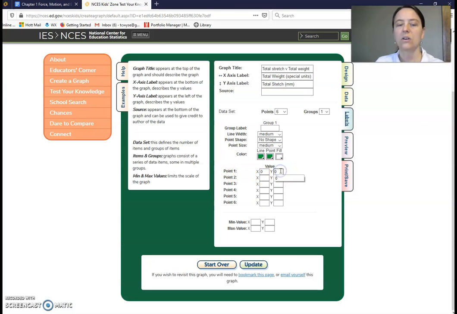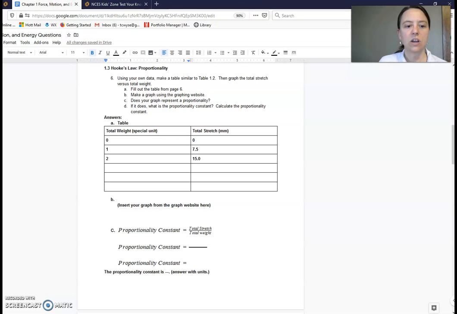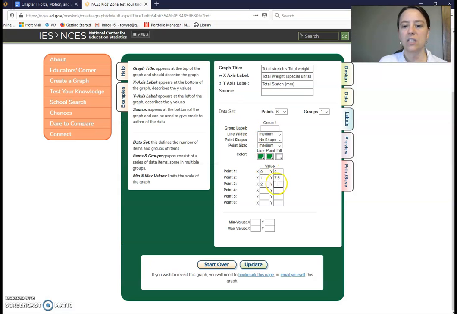0, 0. And then our point 2 is going to be our 1 and our 7.5. And point 3 is going to be 2. And you want to check your table to get your numbers. And then 15. And then point 4 is going to be 3 and 22.9.